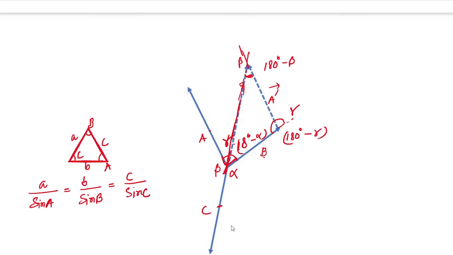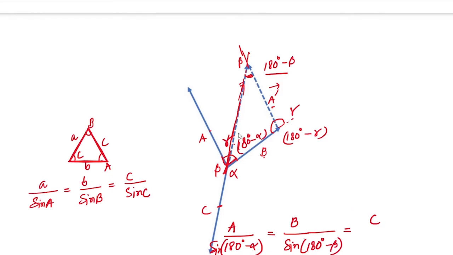Here also, side A divided by sine of 180 degrees minus alpha equals side B divided by sine of 180 degrees minus beta equals side C divided by sine of 180 degrees minus gamma.